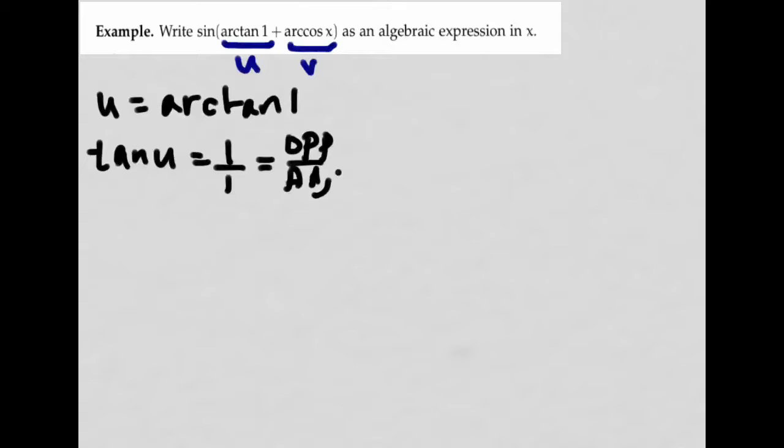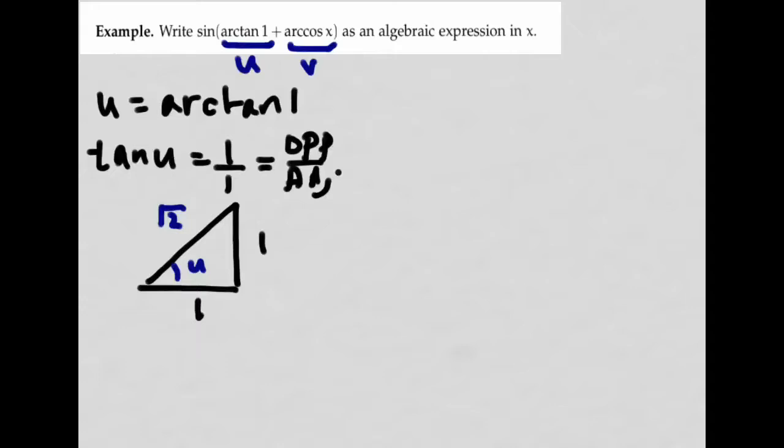So here we have a right triangle where the adjacent is 1, the opposite is 1, and here is angle u. So this is a right isosceles triangle with legs of side length 1. Using the Pythagorean theorem, we'll see that the hypotenuse is square root of 2.